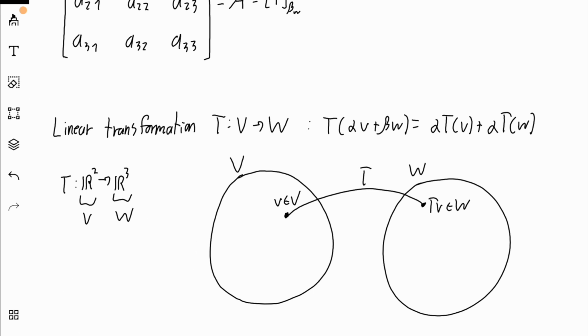But a linear transformation has to obey some rules. It obviously has to be linear, and how we usually write that is a linear transformation T on two vectors v and w, where alpha and beta are scalars. I'm just going to write a line up to represent scalars. Well, this is the same as taking alpha and beta out and applying T to each vector individually. Linear transformations have to obey this. But basically, that's what a linear transformation is, very briefly.